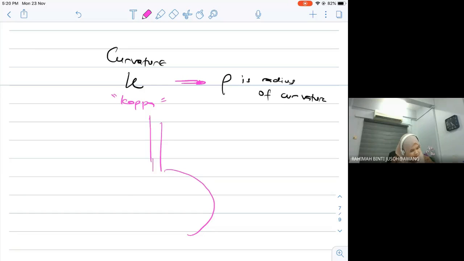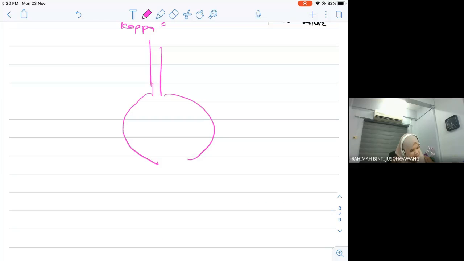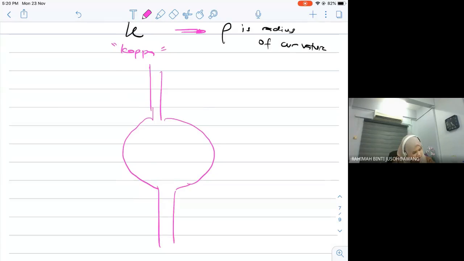Okay, this is the road. Can you imagine this? Okay, let's say this is the radius, the size of the roundabout.